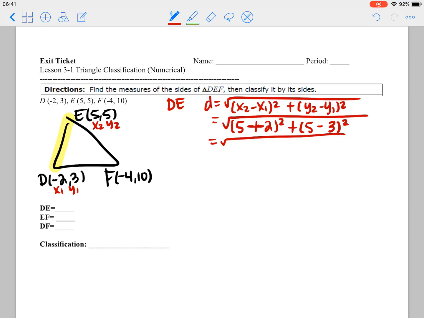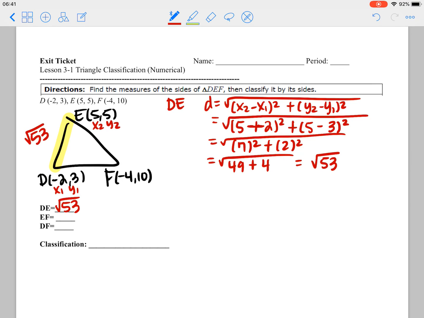Let's simplify that. 5 plus 2 is 7 squared, plus 5 minus 3 is 2 squared. 7 squared gives me 49 and 2 squared gives me 4. So this is the square root of 53. So for DE, we got square root of 53.